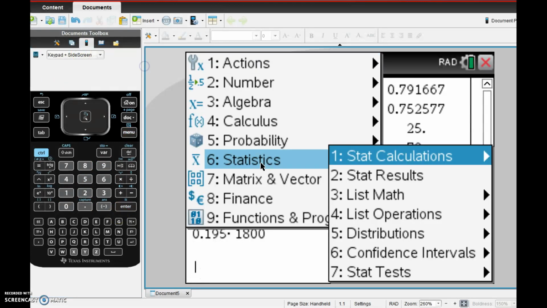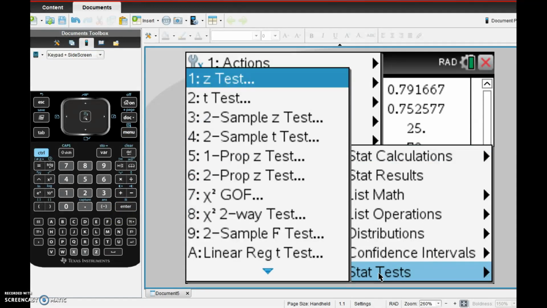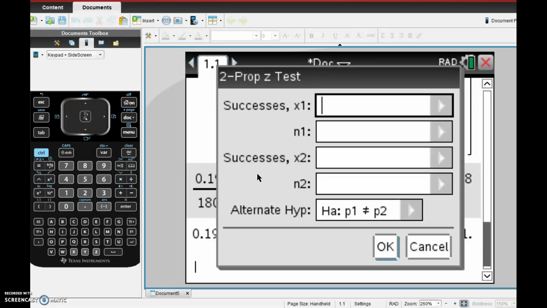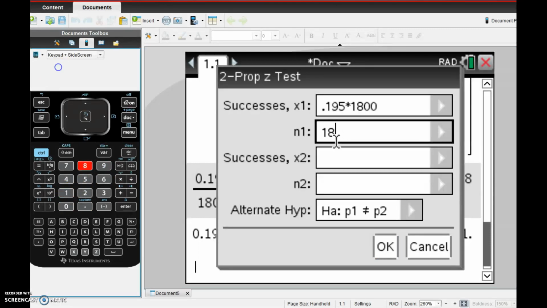If you ever get a domain error when you do these, it's because that product is not an integer. So just type it in your calculator on the main page and round to the nearest whole number. So 0.195 times 1,800, sample size 1,800. The other one was, I think, 15% of 3,000.